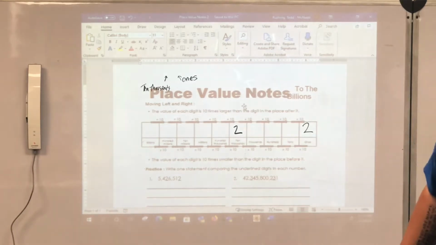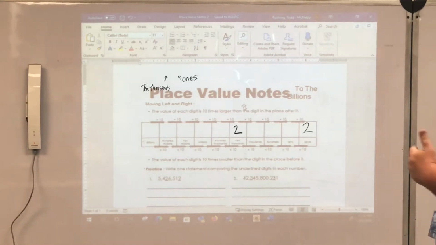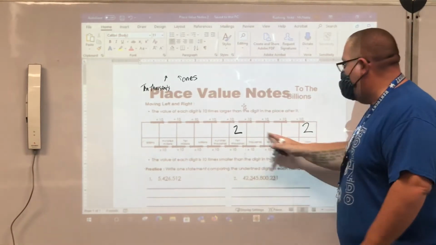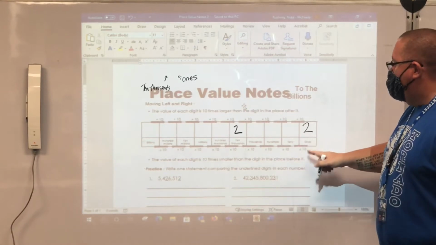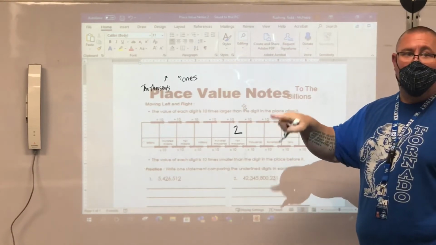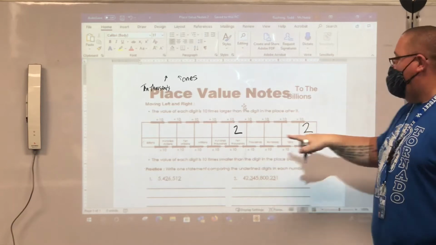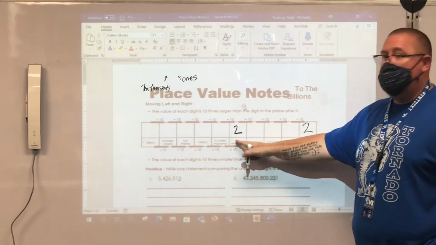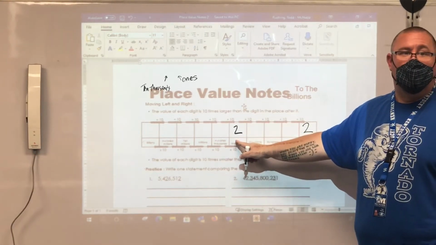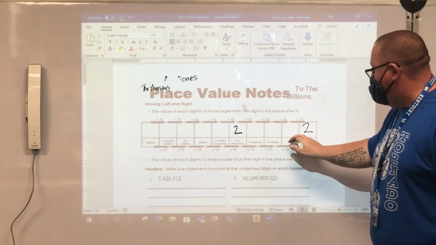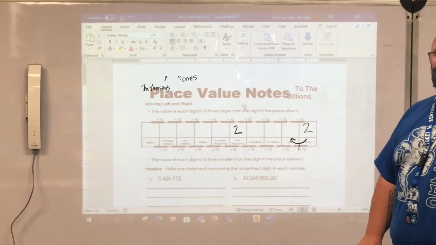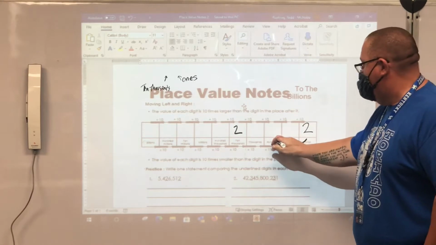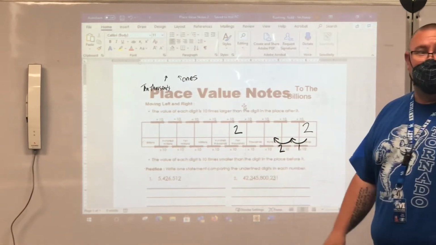So what we're going to do is look at these places, and count the number of places from this 2 to this 2, okay? There's 1 space, right? From there to there. Then we have a second space.